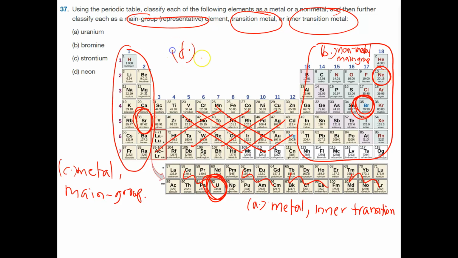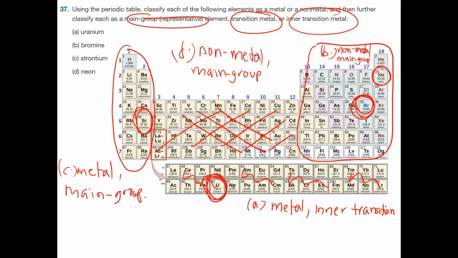All right, neon up here. And neon is in group 8A in those noble gases. It's a non-metal. It's on the very far right of the periodic table. And it is also in the main group, or the representative elements, however you want to phrase it.